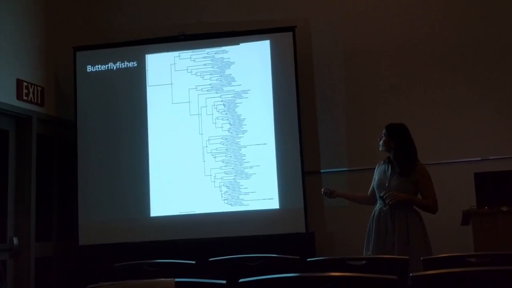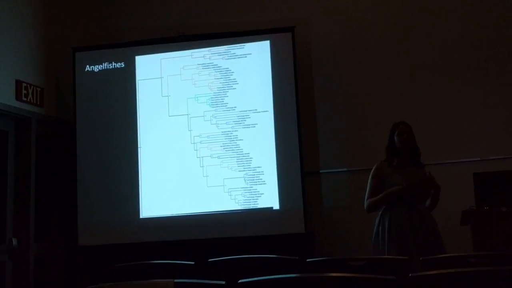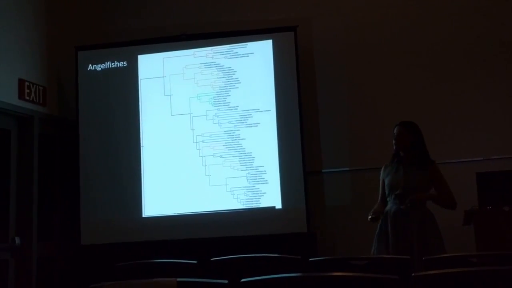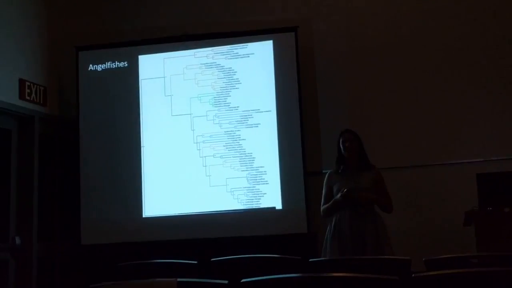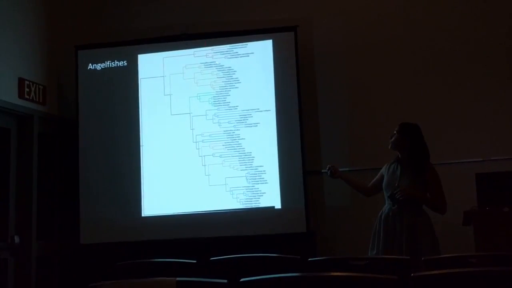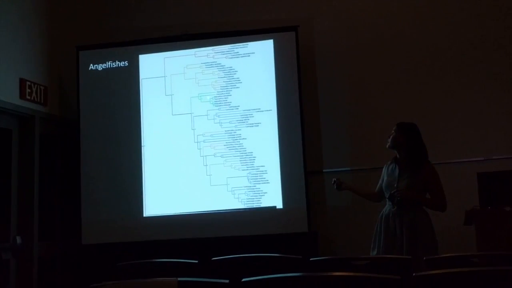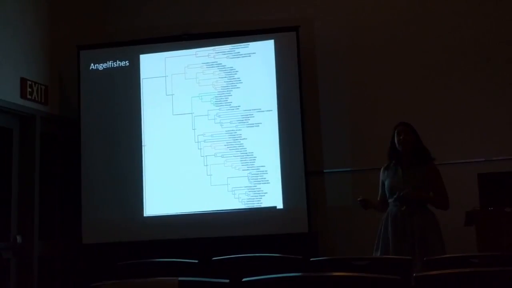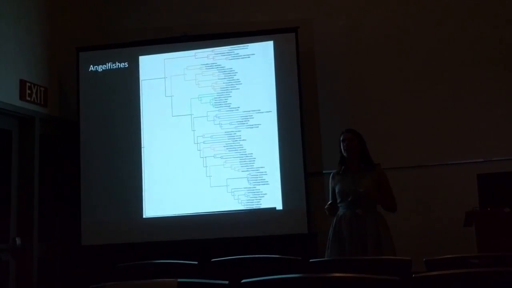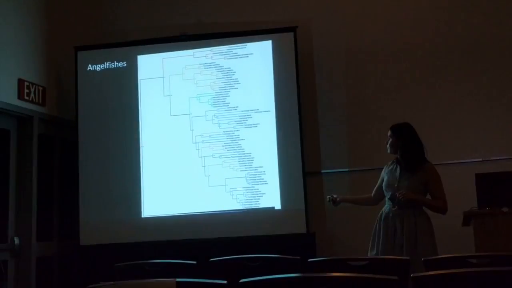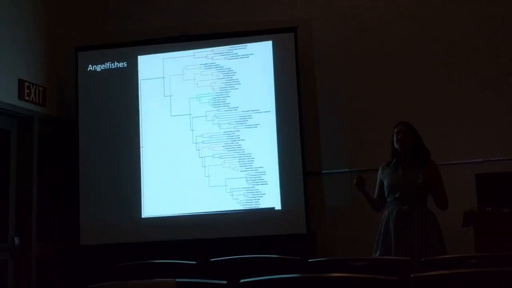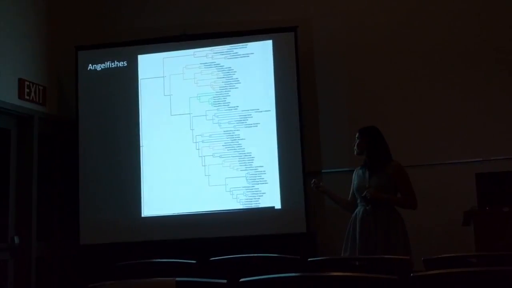However, if we break this down genus by genus within the family, there's a lot of support for the currently accepted taxonomic designations. For example, we have good support for Chaetodontoplus, Pomacanthus, Pygoplites, as well as Genicanthus being natural monophyletic genera. However, it's also notable that Apolemichthys and Centropyge, and this big radiation right here, are still somewhat problematic taxa.